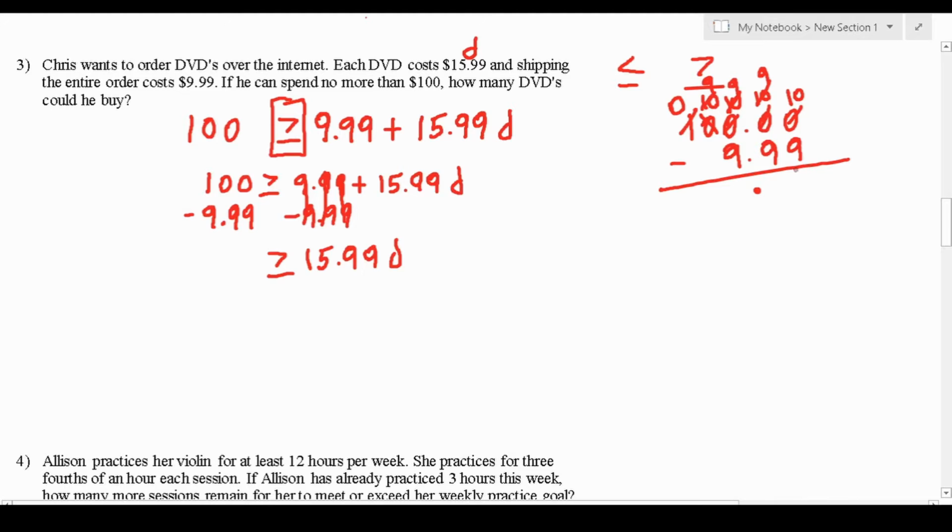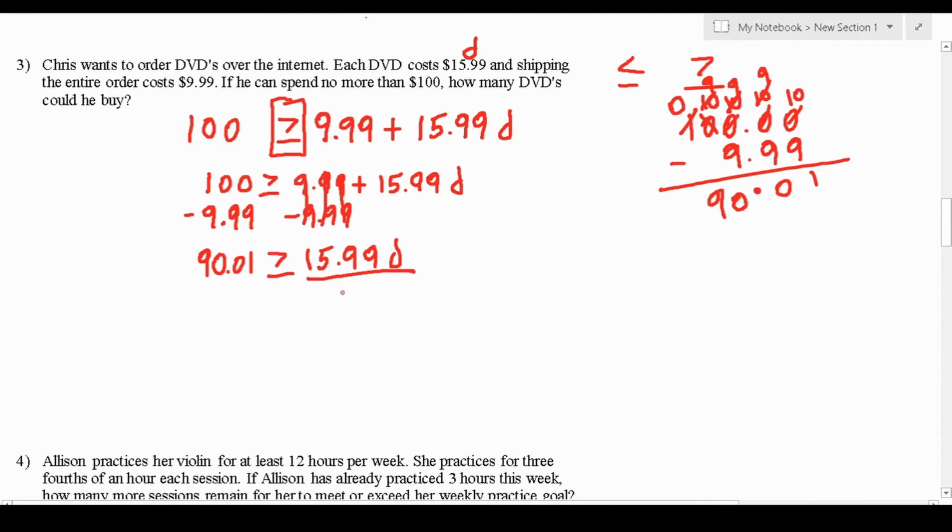Now we have 10 minus 9, which is just 1. 9 minus 9, which is 0. 9 minus 9, which is 0. And then 9 minus nothing, which is 9. So in other words, this is going to be 90.01.